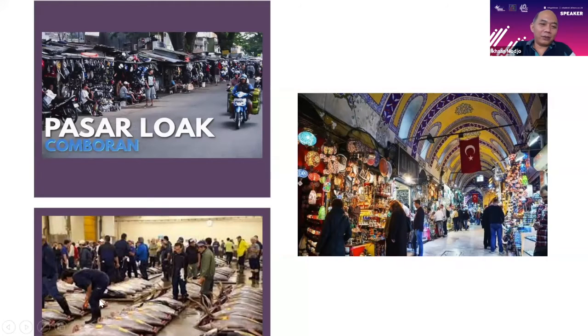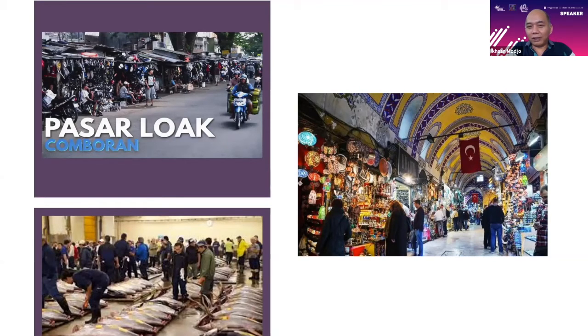This one is a market as well, the fish market in Japan. Very obvious. If you ever come over there, have a look at this. And this is one of the oldest markets in the world, the Grand Bazaar in Istanbul. It's a very renowned market as well. You have to go here. Sometimes, not now, because I think there's a pandemic over there.